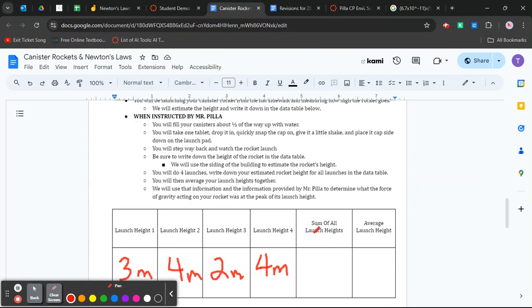To average it together, the first thing you have to do is add them. That is the sum. 4 plus 2 is 5, 6, 7, 8, 9, 10, 11, 12, 13. Now notice your heights are going to be different. These are just my numbers, so yours are different. I'm just showing you how to do it. To get the average, we add all of them up and then divide by the total number of trials, so divide by 4.